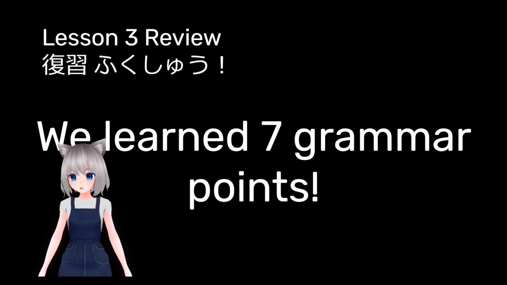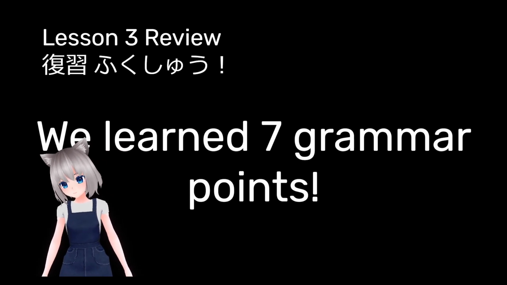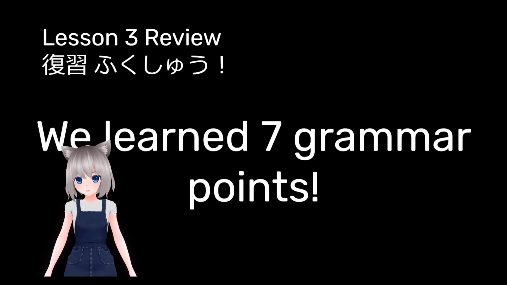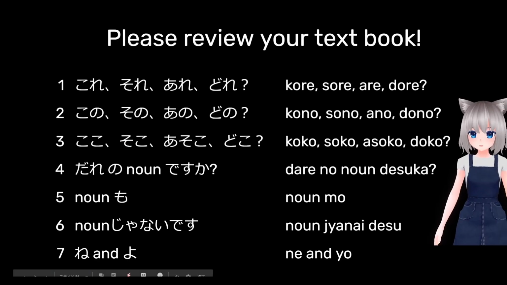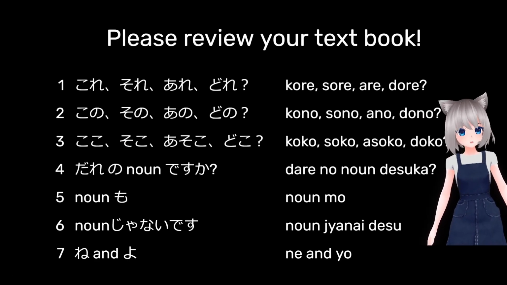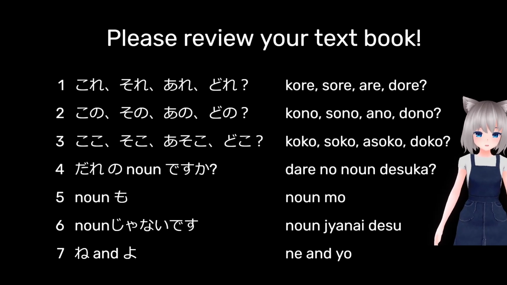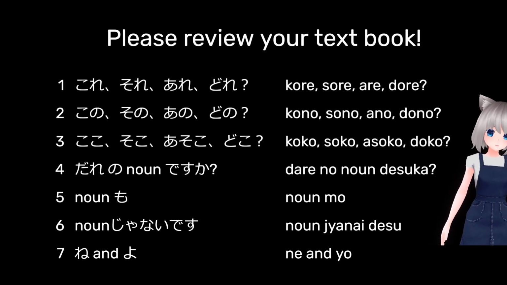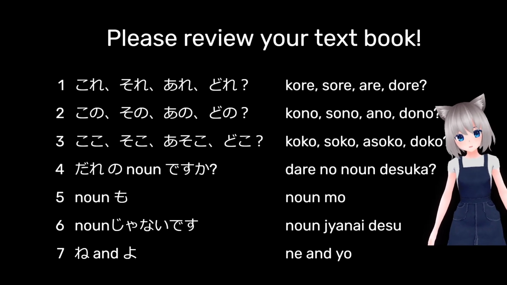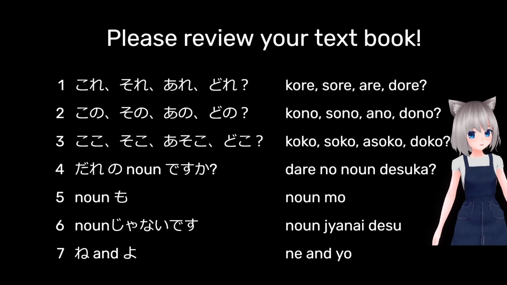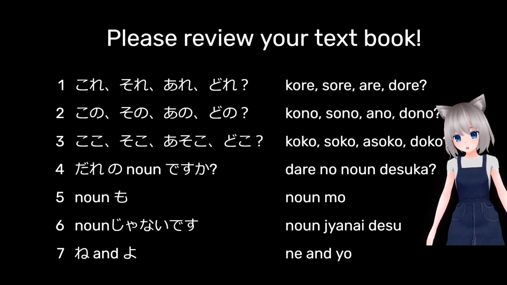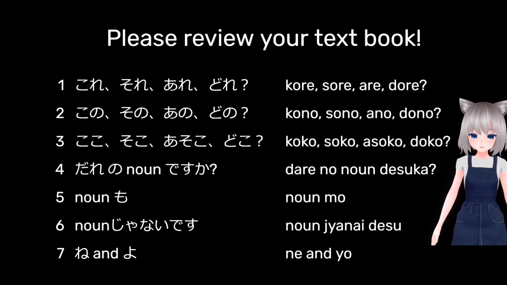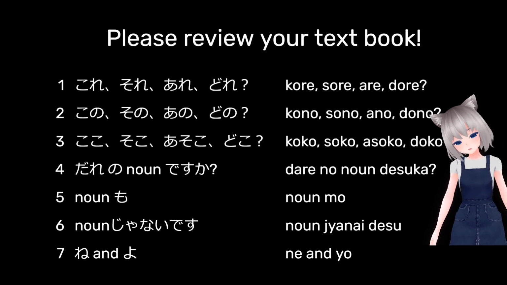Okay, well done. We learned 7 big grammar points in chapter 2. There was a lot. Here we go. These are the 7 things that we learned. これ、それ、あれ、どれ: this, that one, that one over there, which. この、その、あの、どの: similar to number 1 but followed by a noun. ここ、そこ、あそこ、どこ: here, there, over there, and where.